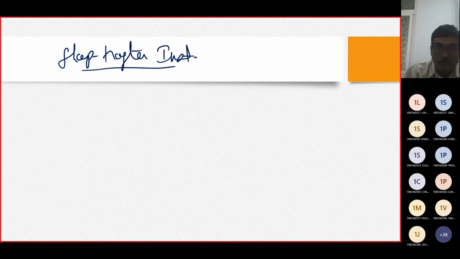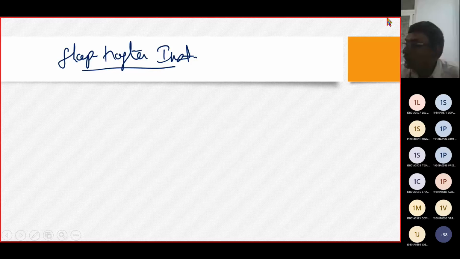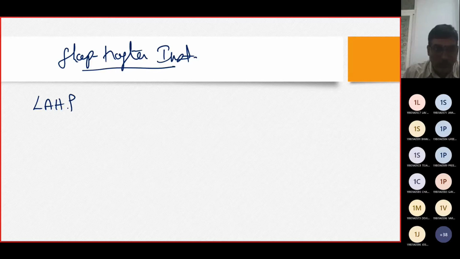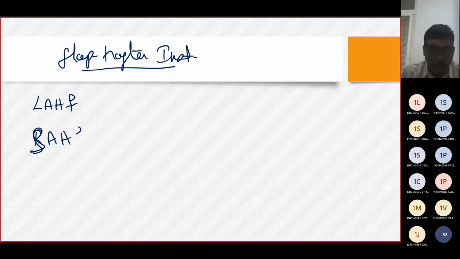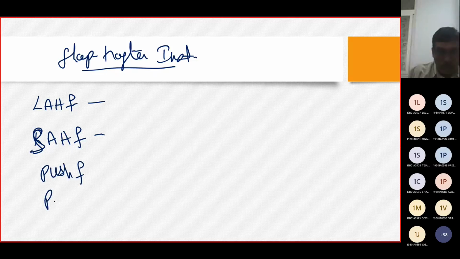Next one was flag transfer instructions. In the data transfer itself, we have the flag transfer instructions: LAHF, SAHF, push flag, pop flag.